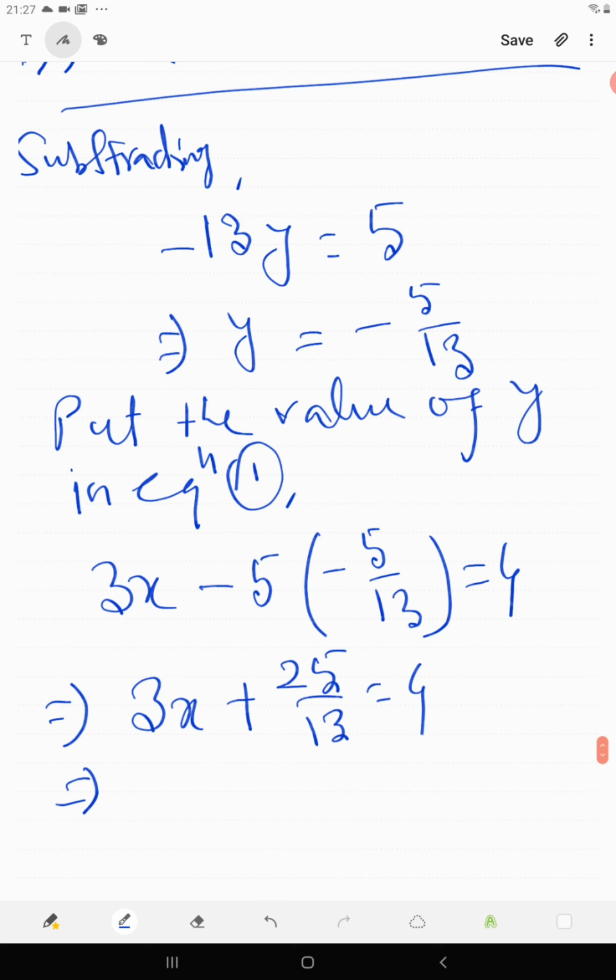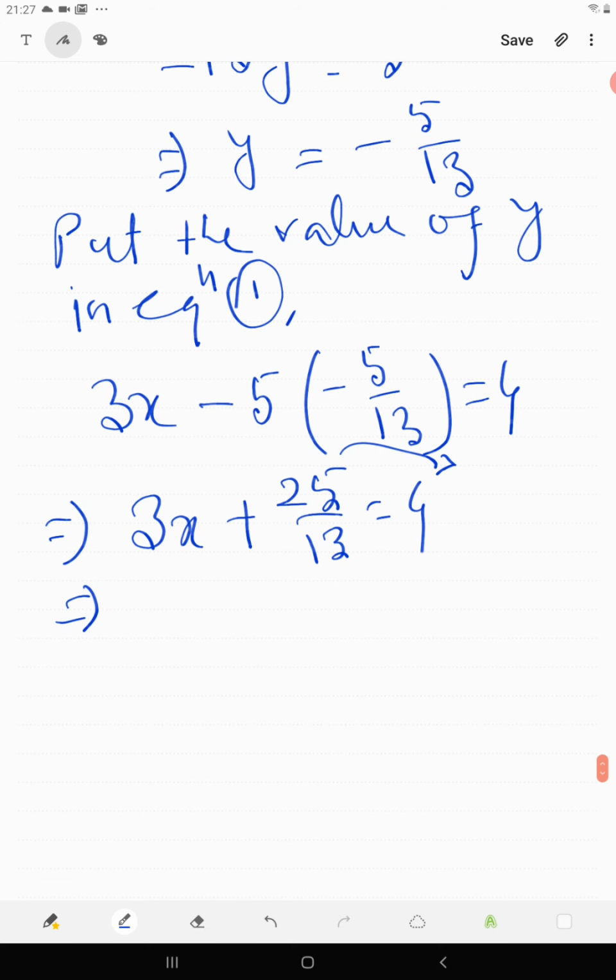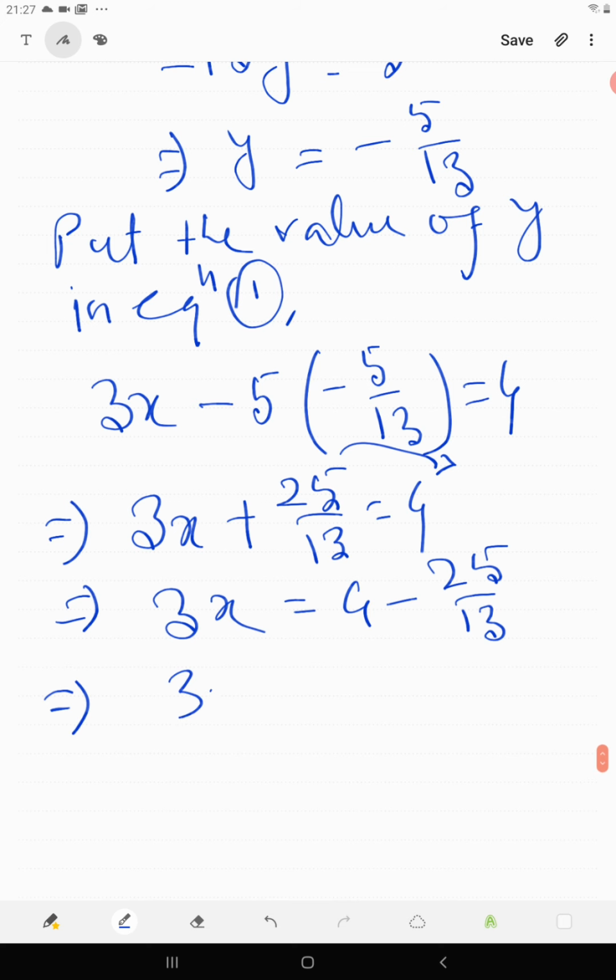Now this constant will go to the right hand side. So the constant is plus on the left, so it will become minus on the right. So 3x equals 4 minus 25 by 13. So 3x equals 13, then 13 into 4 is 52.